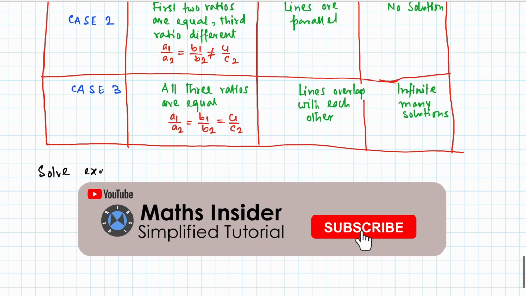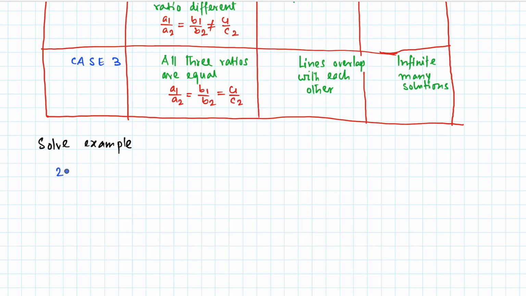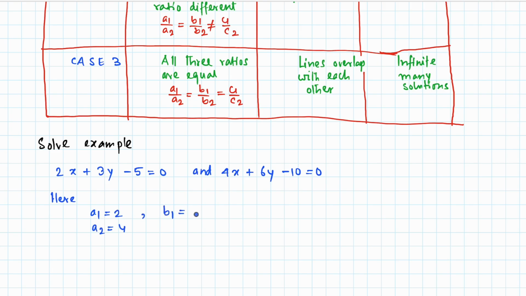Now let us solve an example. We are taking two equations, 2x plus 3y minus 5 equal to 0 and 4x plus 6y minus 10 equal to 0. So here a1 is equal to 2, a2 equal to 4, b1 equal to 3, b2 equal to 6 and c1 equal to minus 5, c2 equal to minus 10.